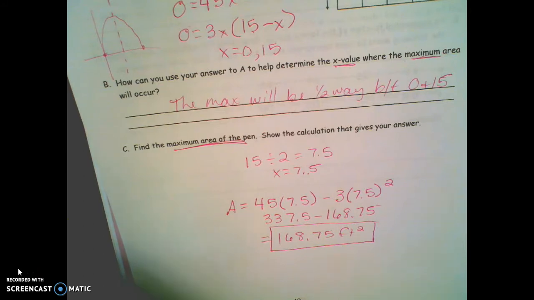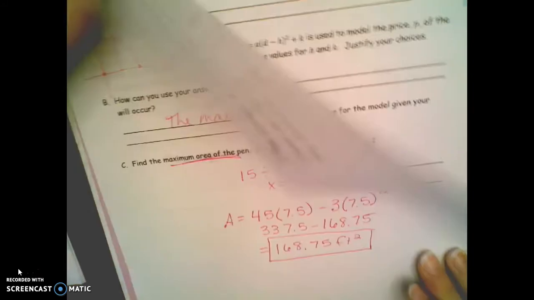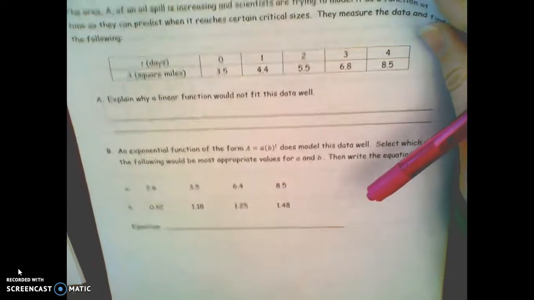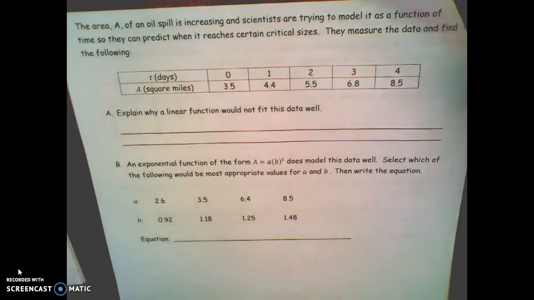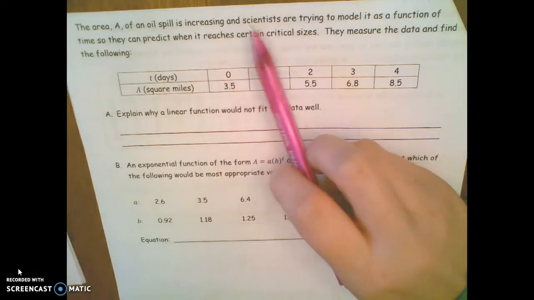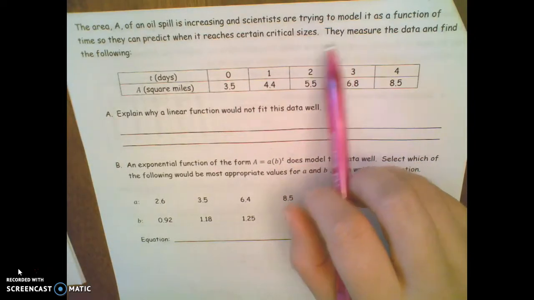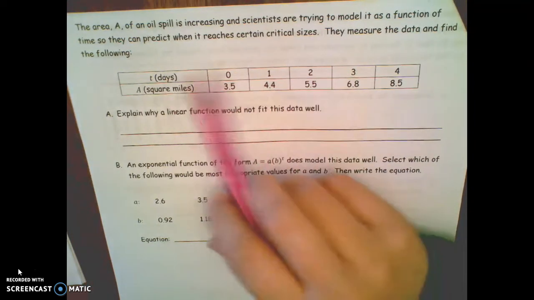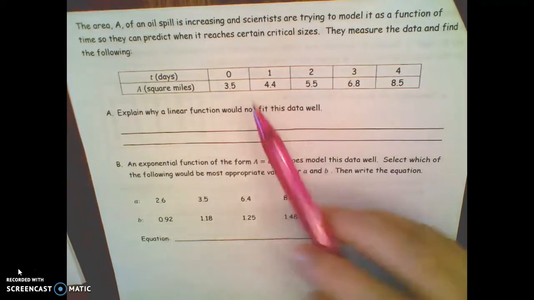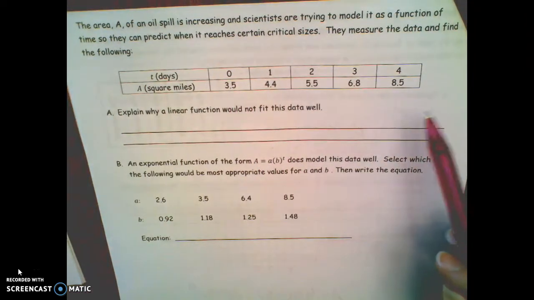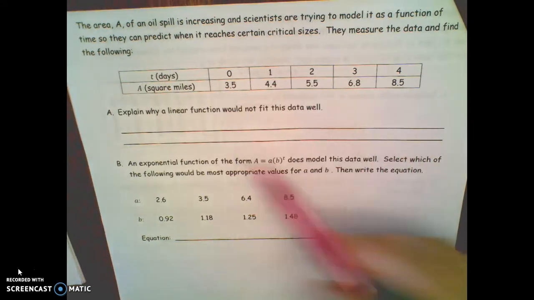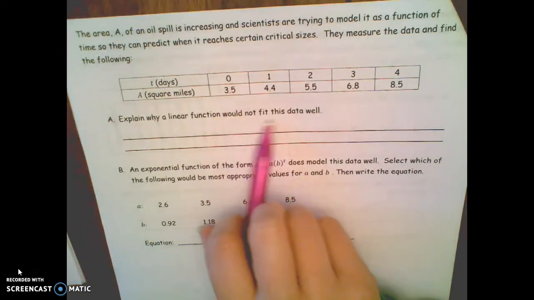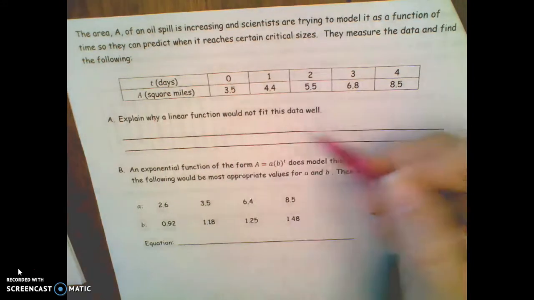Okay, let's take a look at the next one. So here we've got area A of an oil spill is increasing, and they're trying to model it as a function so they can make predictions about it. So here is the data points that we have so far. And this is saying that a linear function is not going to be a good fit. Let's see why.